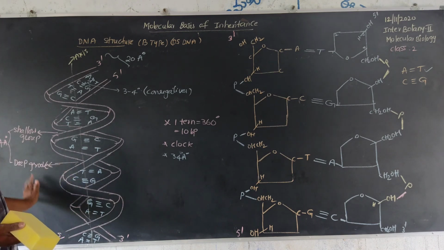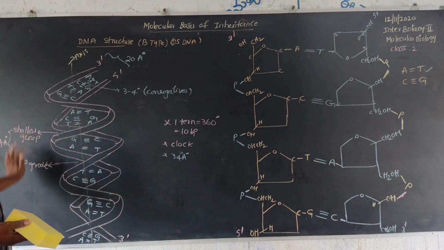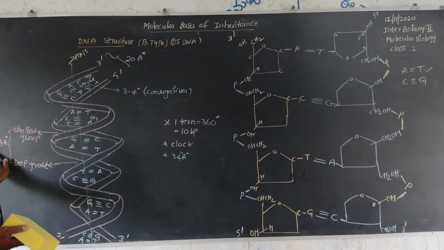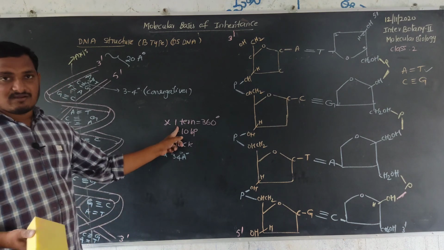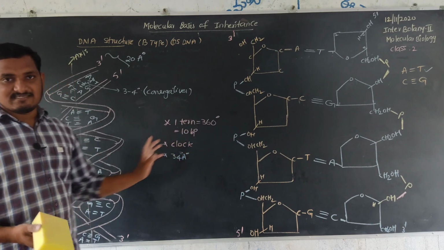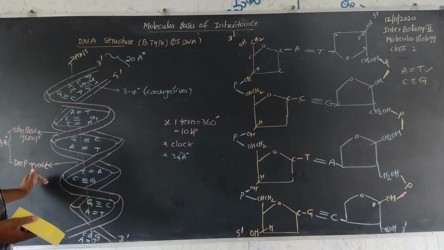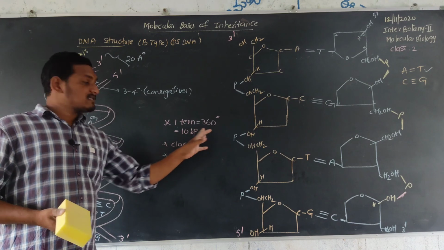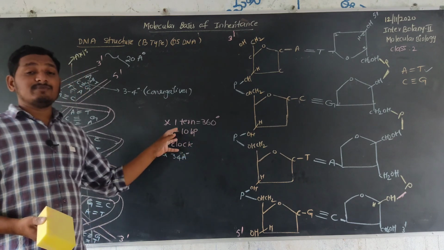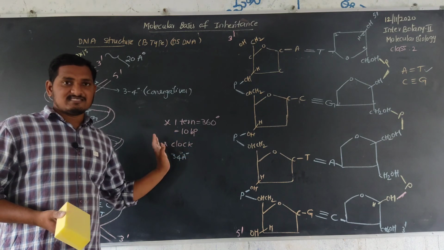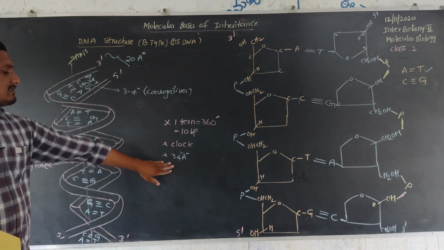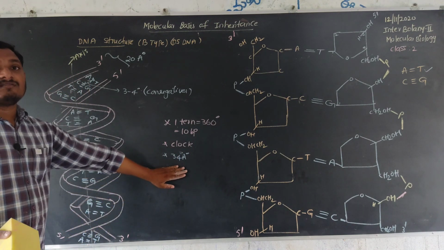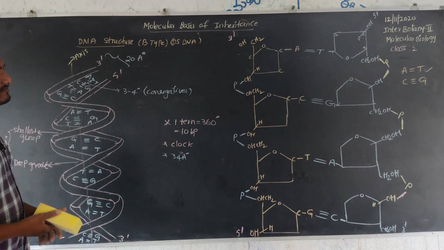The distance is 34 angstroms, which is one turn. One turn is 360 degrees, from one shallow groove to the next shallow groove. In 360 degrees, 10 base pairs are present, and the distance is 34 angstroms.